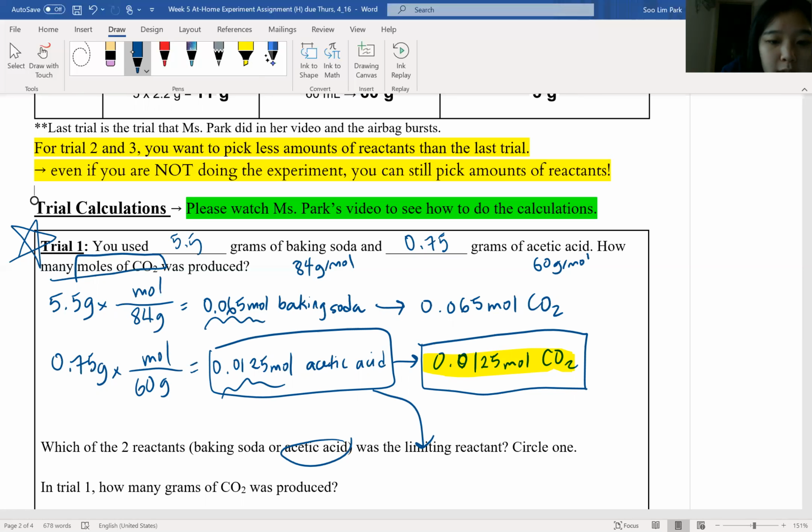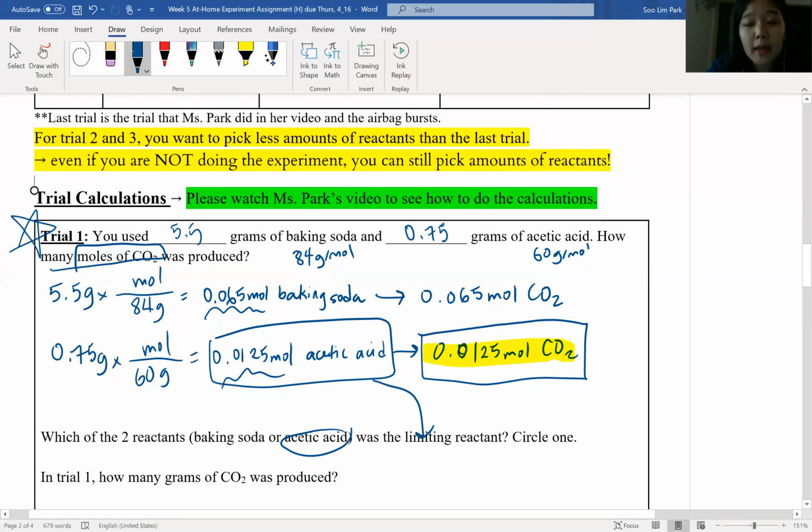Because it limited the amount of carbon dioxide that was produced in the bag. So you always want to pick or circle the product that was less, all right?